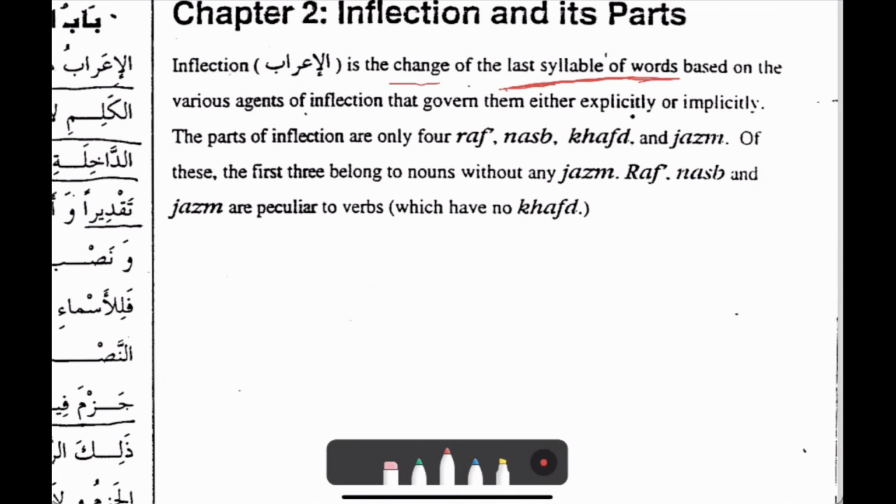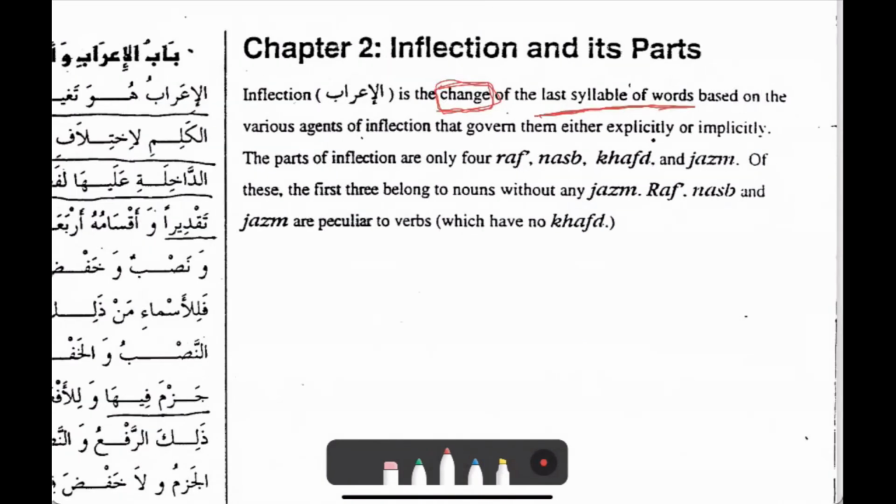Now, change means more exactly, the Arabic means more exactly altering. Taghyir. Yani changing or altering. Altering is the altering of the last syllable of words based on the various agents of inflection that govern them.